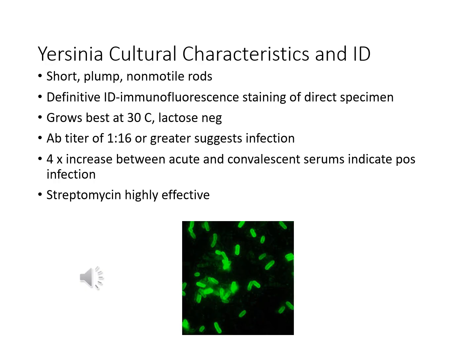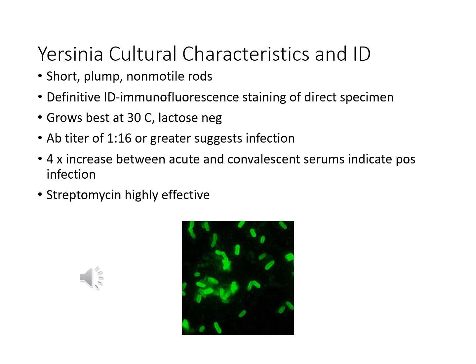A definitive identification is using an immunofluorescent stain of a direct smear, as you can see in the picture. It does grow best at 30 degrees, so again, a little outside of your normal incubator temp of 35 to 37, for body temperature. It is lactose negative, and sometimes with Yersinia, we'll actually do serology testing versus trying to grow the organism and doing a traditional culture.